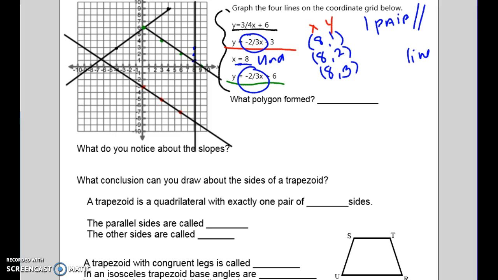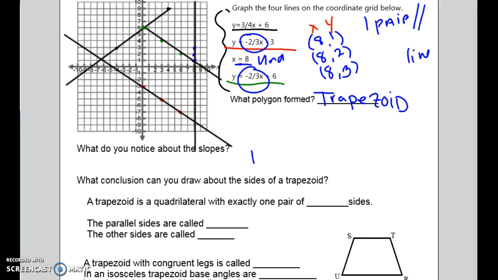So here I have one pair of parallel lines. That is what makes it a trapezoid. It's no longer a parallelogram, a rectangle, a rhombus, or a square, because on those we have 2 pair of parallel lines, right? Here I have 1 pair. That is what makes it a trapezoid. Okay? So what do you notice about the slopes?